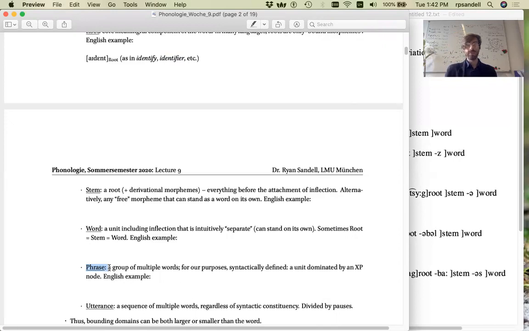For our purposes, following Hayes' textbook, we're going to assume that a phonological phrase can easily be syntactically defined. So that is, wherever we have a clear syntactic phrase, so a verb phrase or a noun phrase, that's going to correspond to some type of phonological phrase.